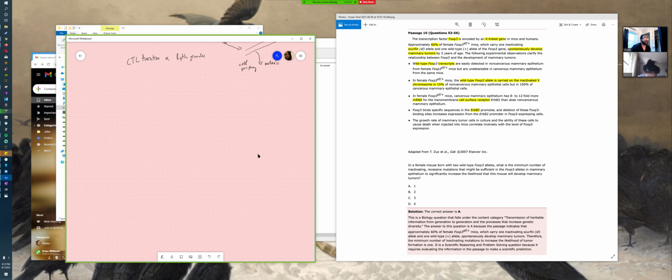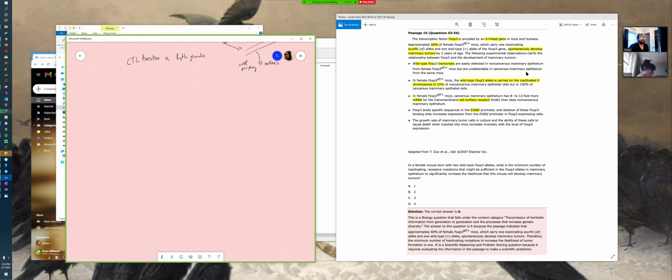Okay, X-linked. 60% of female FOXP3 SF slash positive mice. That means they have one inactivating Scurfy allele and one wild type allele of the FOXP3 gene.